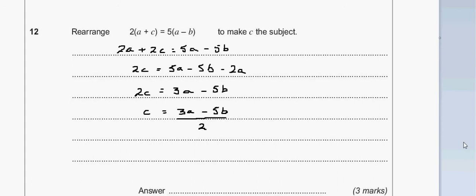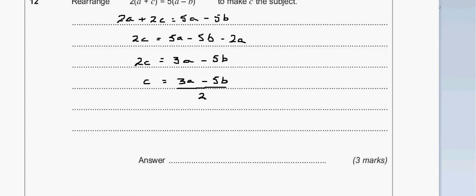Okay, so that will be our answer. So C equals 3A minus 5B all over 2. Okay, so that's 3 marks.